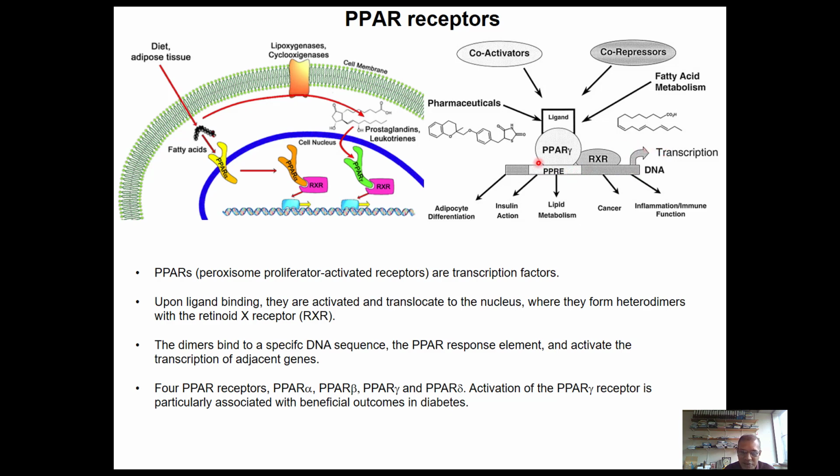And the genes that are downstream of these elements are involved in various important diseases, and activation of this receptor has a beneficial effect in terms of the treatment of diabetes. And an example of an endogenous ligand is shown here, and we'll see more on the next slide. It's a fatty acid, and the drug has the same effect of binding to the receptor and acting as an agonist.